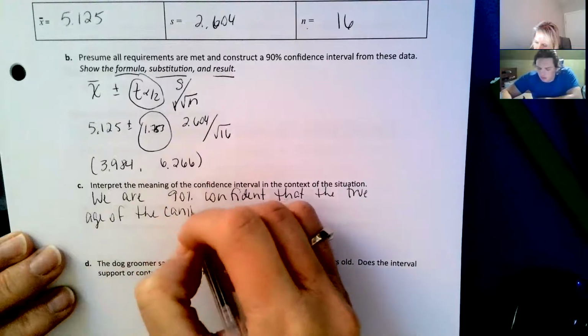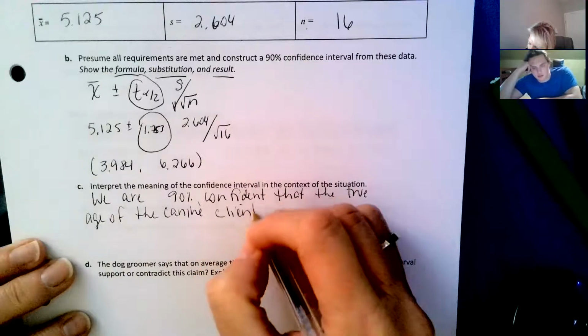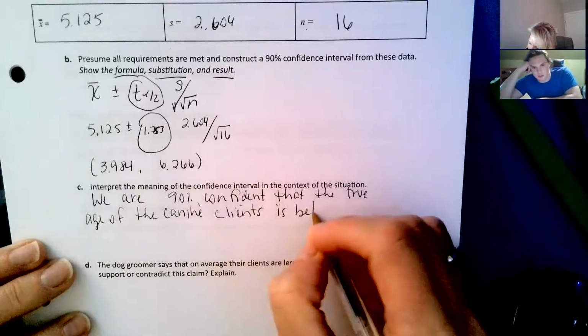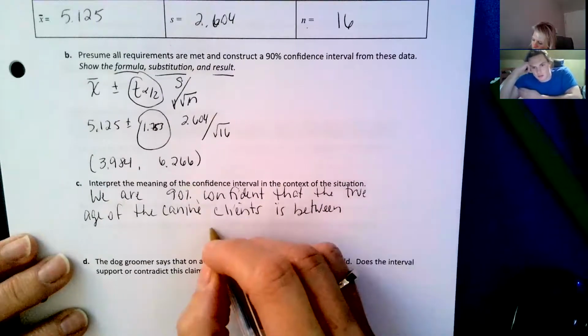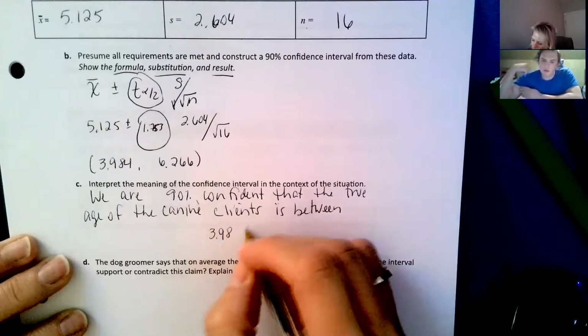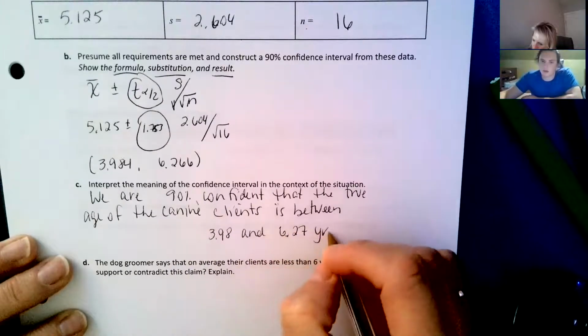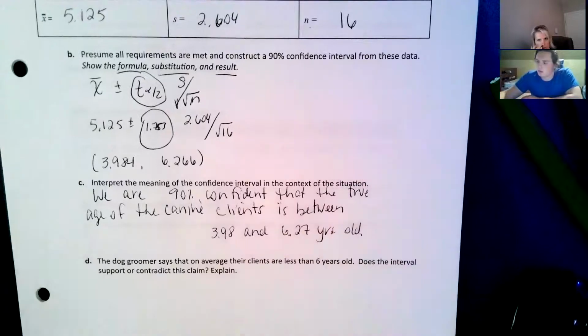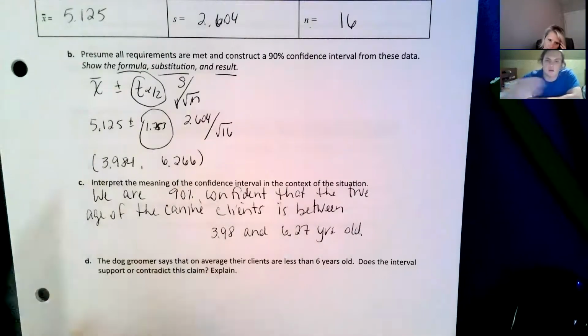So we have a unit to talk about, right? This happens to be age of the canine clients is between 3.98 and 6.27 years old. Just like I mentioned on Monday, if you round it just for the conversation piece of the interpretation, that's fine. But make sure you're giving the full decimals up here on the confidence interval.